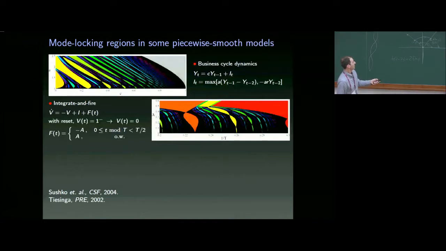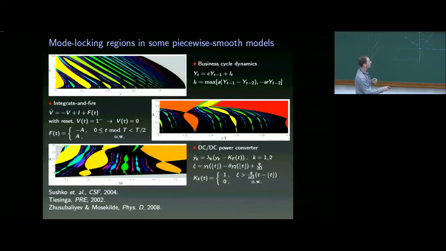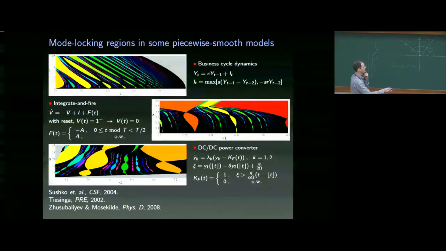This is integrate and fire with square wave forcing, same kind of thing, and also a DC-DC power converter. Again we get mode-locking regions with shrinking points. The last two examples, the models are ODEs, and they have two types of switches. Firing is a switch, and this function's discontinuous, which is like a switch. And the DC power converter also has two types of switches.